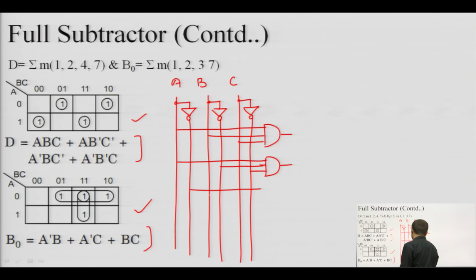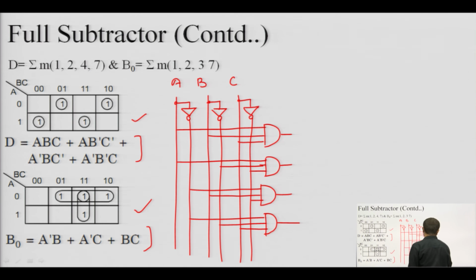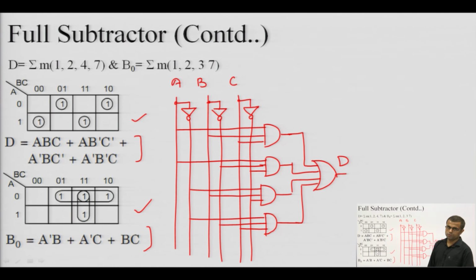This is A bar, this is B and this is C bar, and the last product is A bar, B bar, C. This is A bar, this is B bar, and this is C. So, all 4 products are ready, they are to be added together using an OR gate to generate the difference. So, this generates the difference expression of the full subtractor.